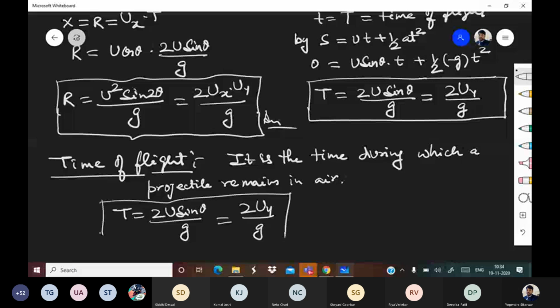Okay. So what you can notice from this, the time of flight of a projectile depends only on its y direction velocity.